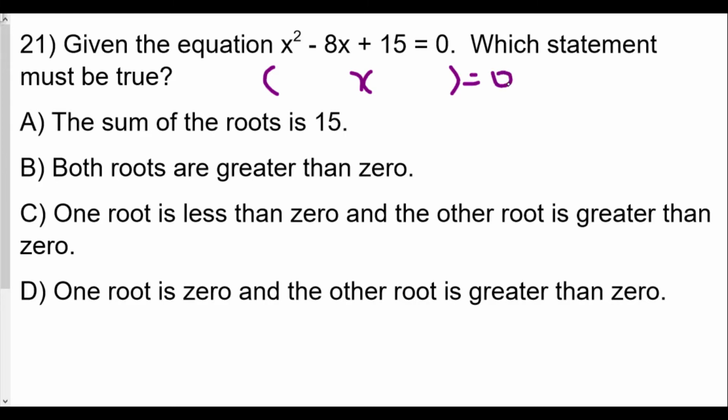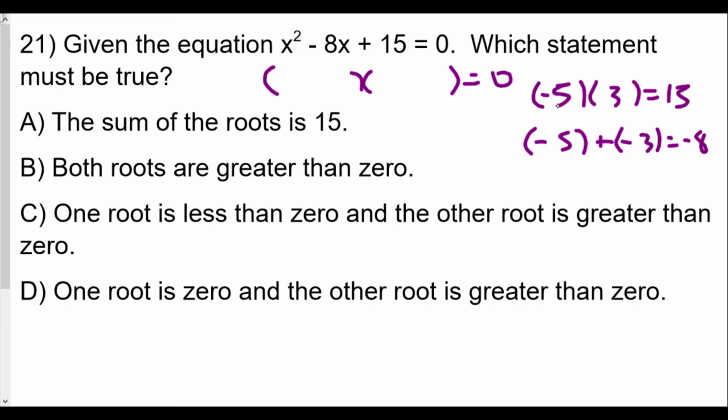Well, I know 5 times 3 is equal to 15, but 5 plus 3 does not equal -8. -5 plus -3 equals -8. So maybe -5 times -3 also multiplies to positive 15. So the numbers we use for factoring are -5 and -3.